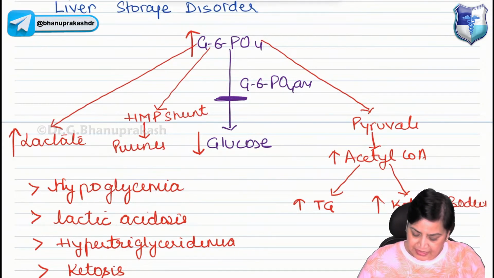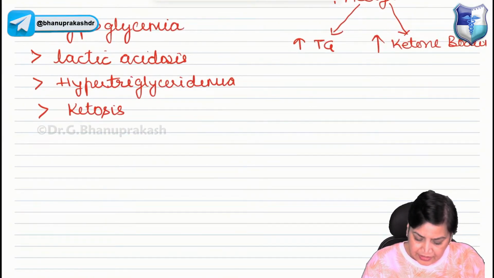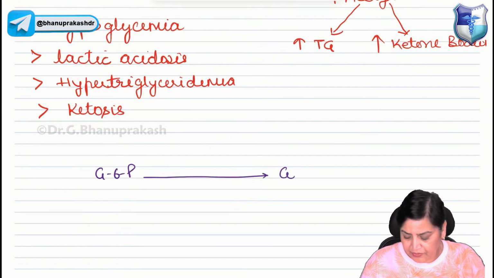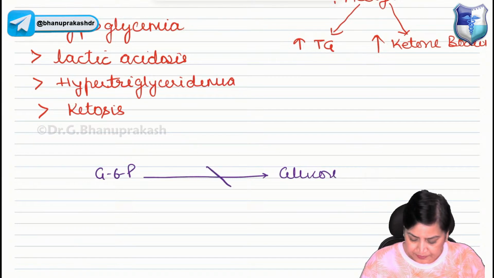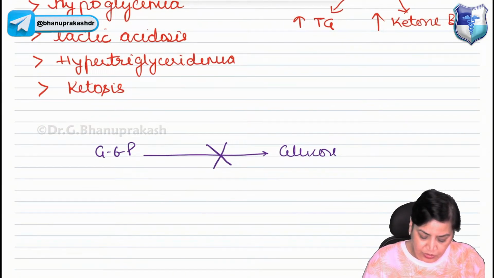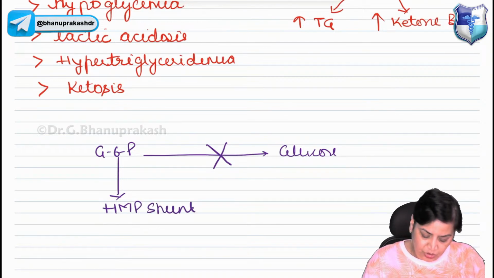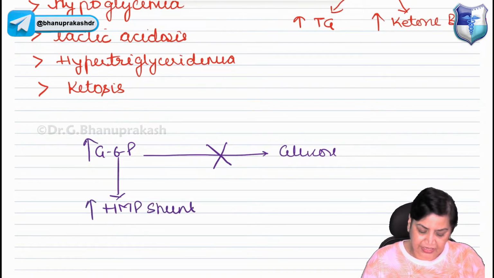So what happens is this glucose 6 phosphate, instead of being converted to glucose, undergoes the HMP shunt. So with increased concentration of this, there will be increased HMP shunt.